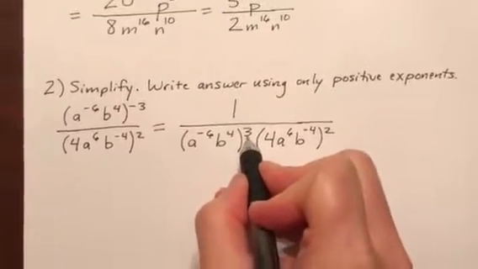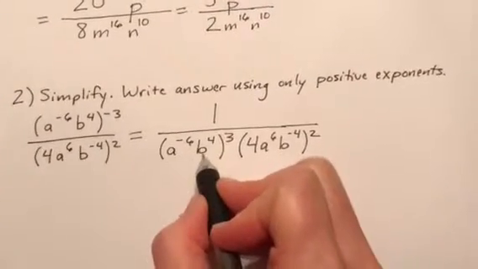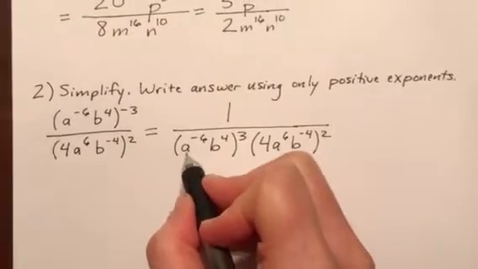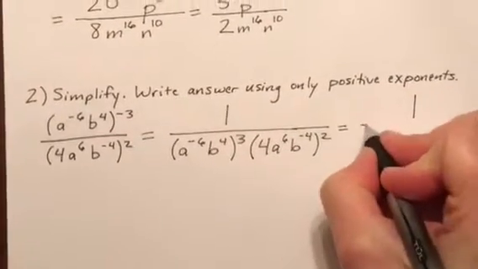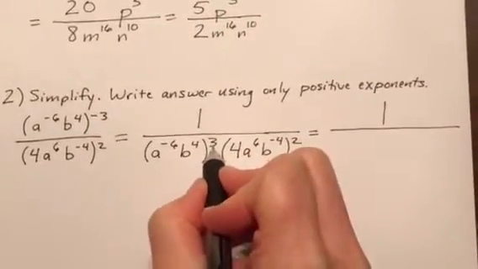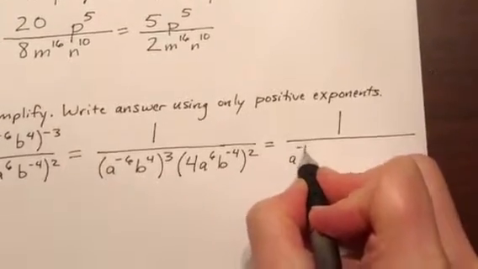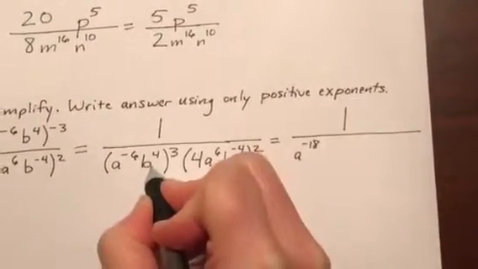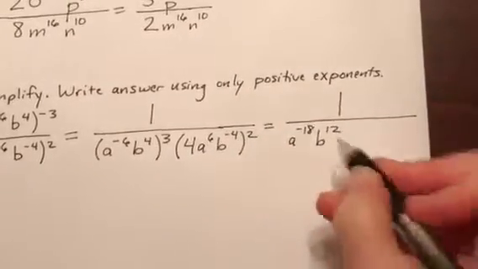I'm going to apply this third power to each of the bases on the inside. And so I still have 1 in the numerator, and then I multiply the 3 times the negative 6, making that a to the negative 18, and b to the 4 times 3, so b to the 12.